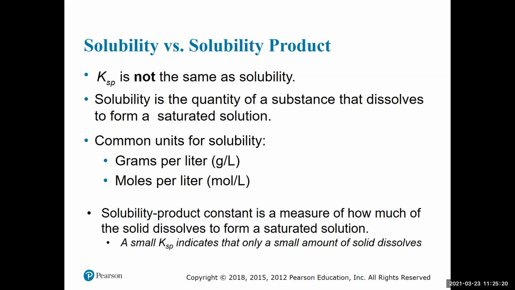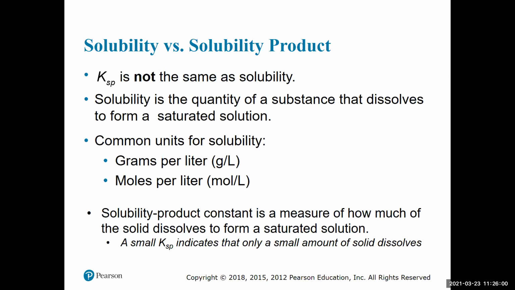Okay, so there's a subtle difference between solubility and solubility product. KSP is not exactly the same as solubility. When we talk about solubility, we're talking about quantities. And that's why you'll see solubility expressed perhaps as grams per liter, so some weight per volume, or perhaps moles per liter. The solubility product constant, the KSP, is telling you more or less how much of it would dissolve.